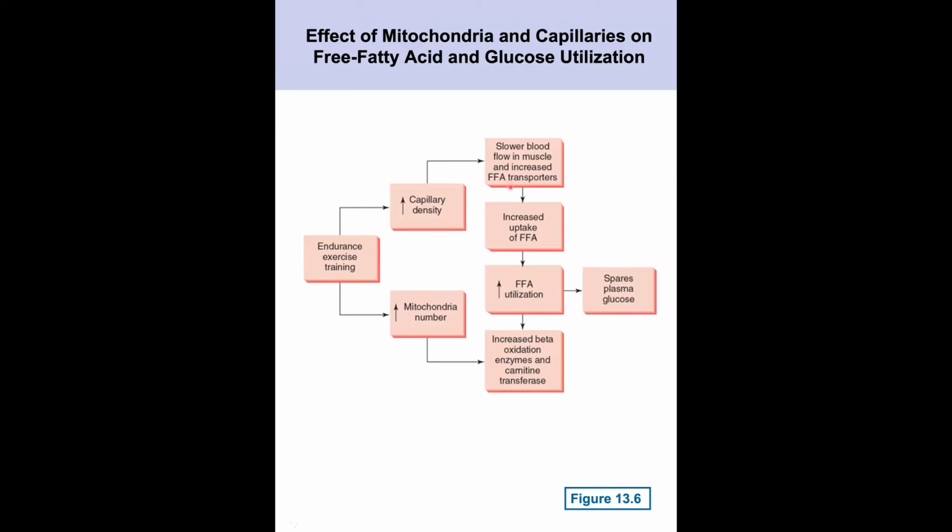And because of that, our free fatty acid transporters are increased, and that allows for more free fatty acids to be taken into the skeletal muscle. And you can use more free fatty acids, which is our beta oxidation, right? Free fatty acid, stearic acid. The more that we have delivered, it's going to spare your plasma glucose because we have more free fatty acid usage ability.